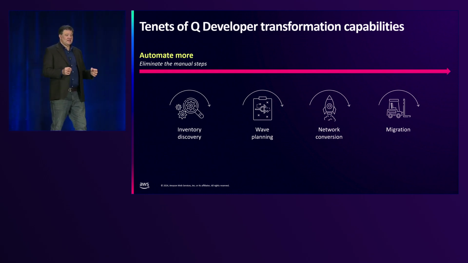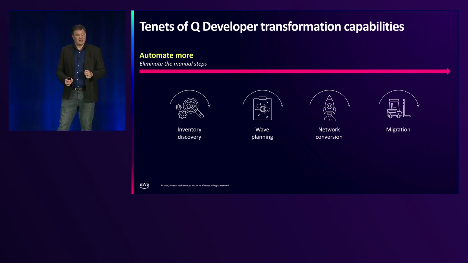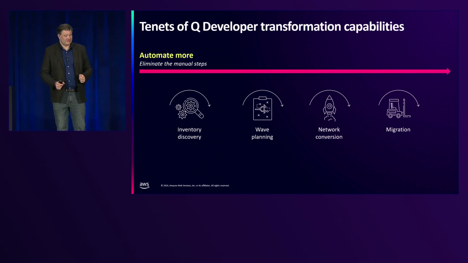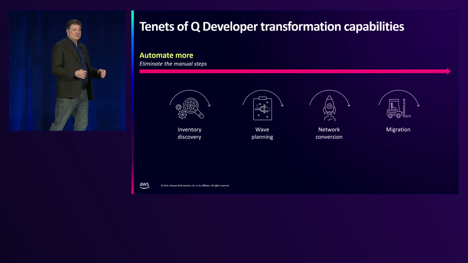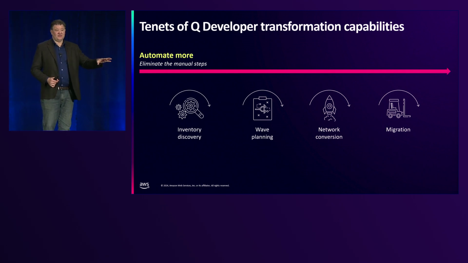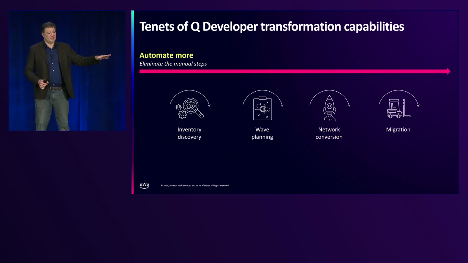And we had feedback to say, hey, these tools are good and all, but you could make them a bit better. And so we actually dove into each one of these and thought about how could we make this better to actually automate more of the manual steps so there's less work to be done by the humans when they're actually executing this stuff. So for example, for inventory discovery, we looked at our application discovery service and said, how can we make it better at discovering the workloads that are in the on-prem data center?